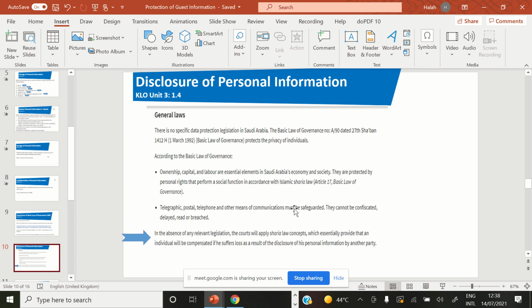But all types of communication must be safe. So if you are making a phone call, you don't want someone to listen to your conversation. If you're sending an email, you don't want someone to see what you have written in the email. So you usually deal with a confidential way of releasing your information or listening to what you are saying.